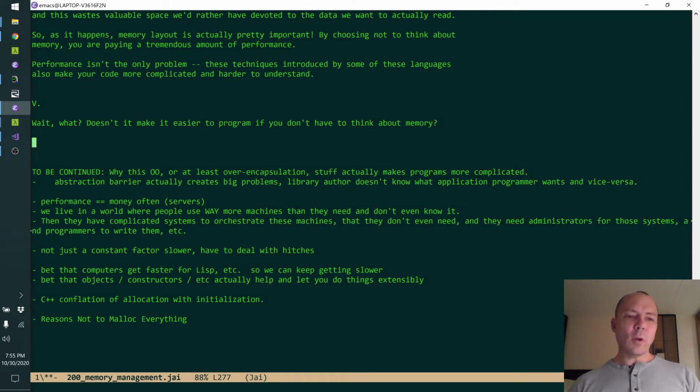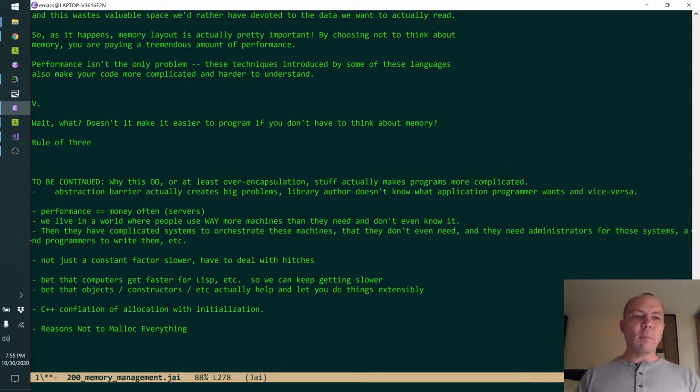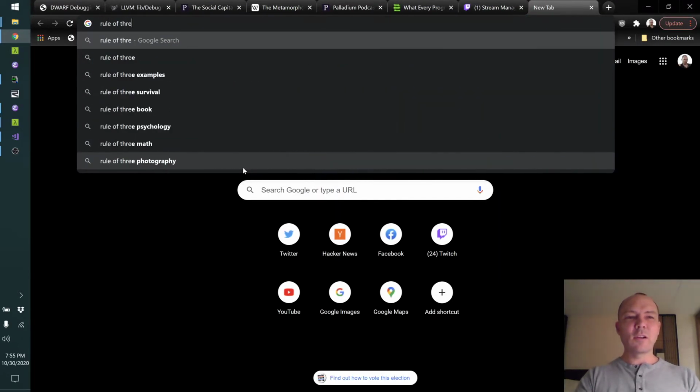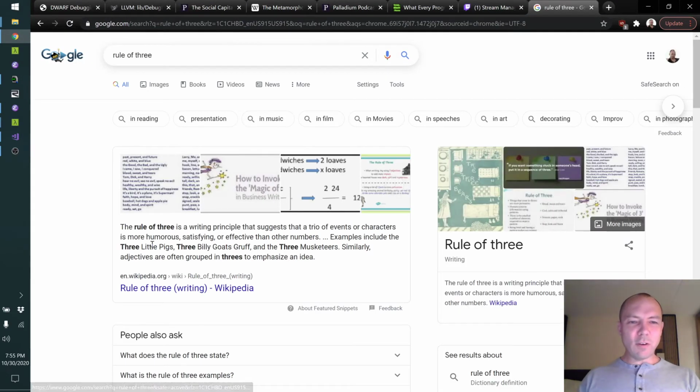So one thing I want to do is talk about the rule of 3 kind of thing in C++. Except that became the rule of, how many is the rule now? Is it like the rule of 7 at this point?